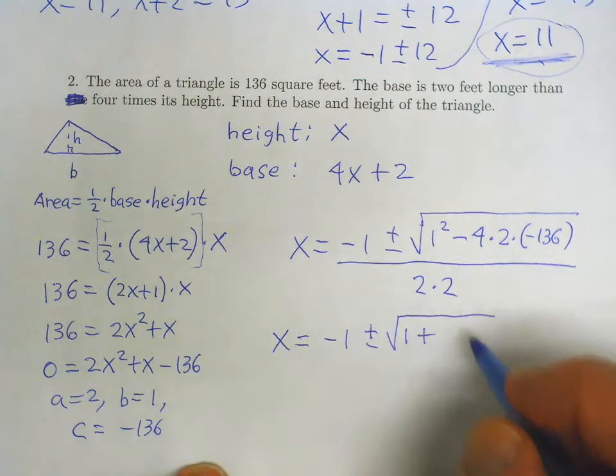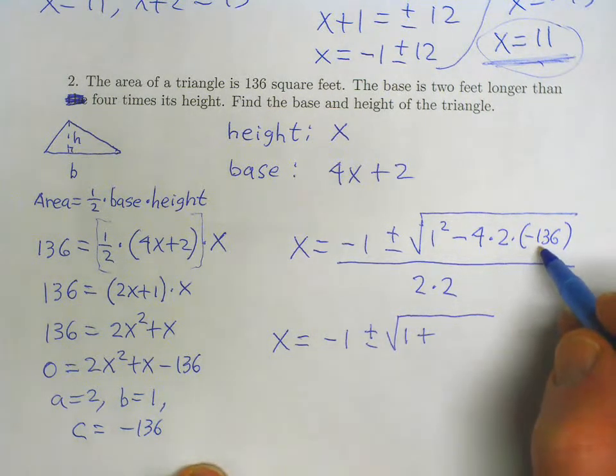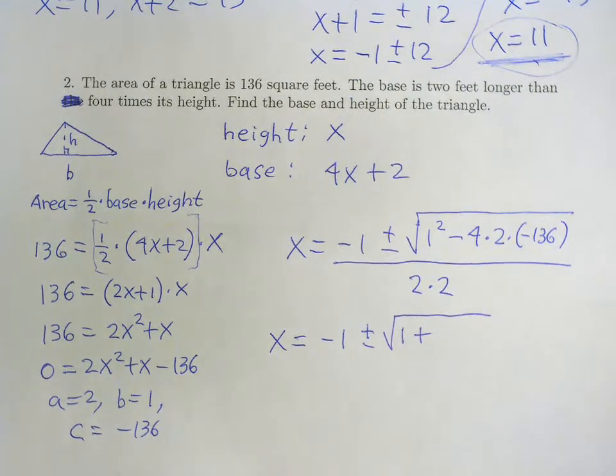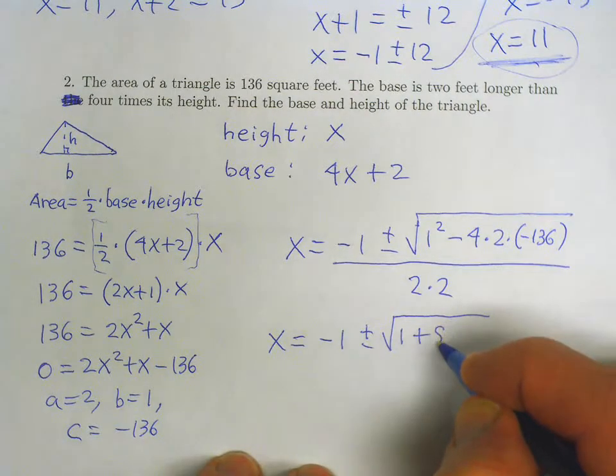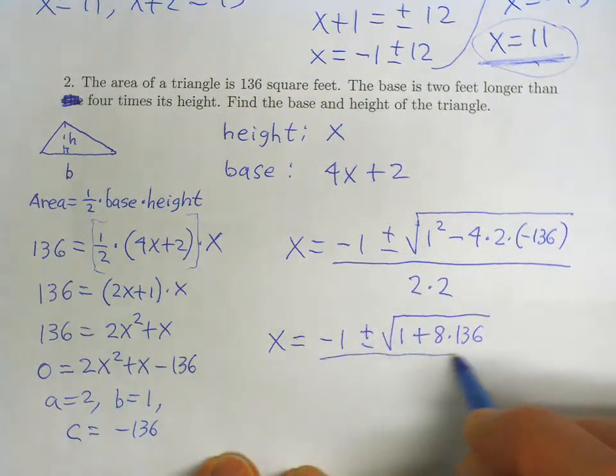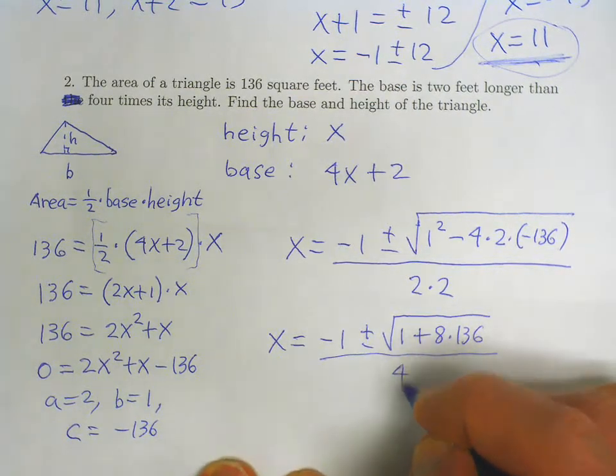And so we're going to add 8 times 136. For now, I'll just write 8 times 136. And then we're dividing this all by 2 times 2, which is 4.